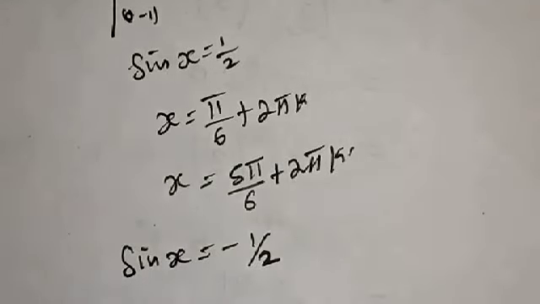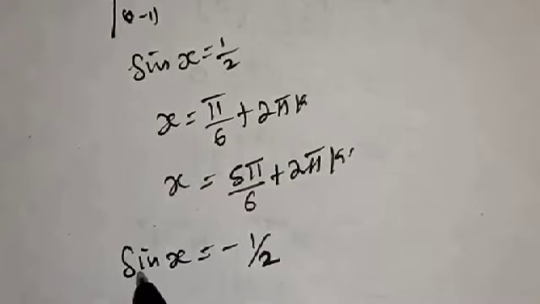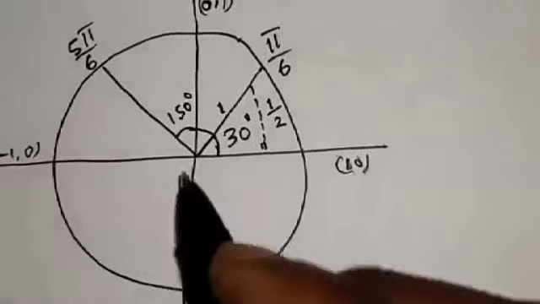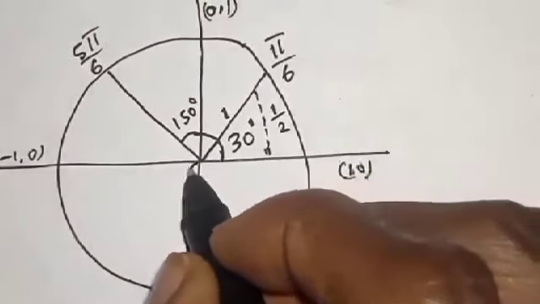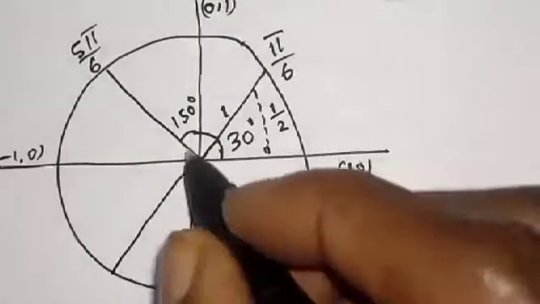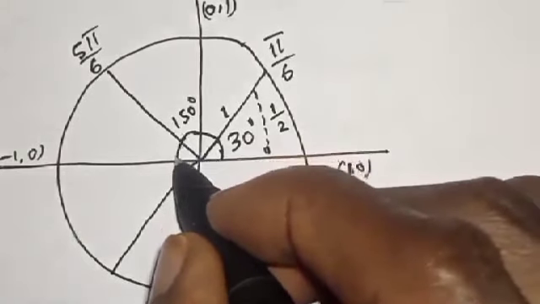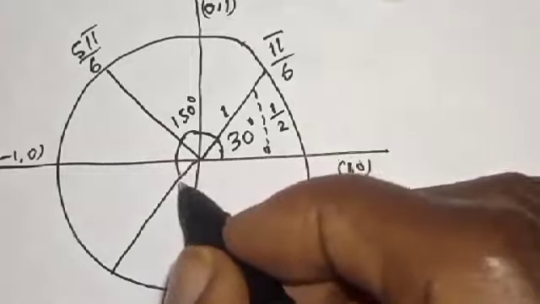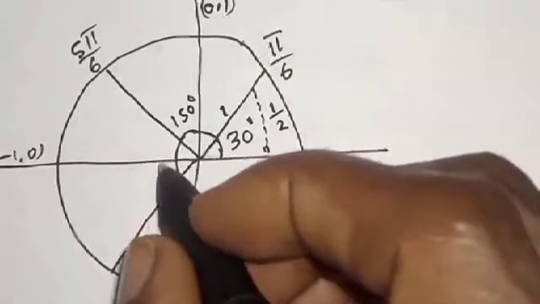Then for radian below the x plane, that is when sine x is equal to minus 1 over 2. Let's see, from here, let's draw another angle out here. Here will be 180 plus 30. This is 210.